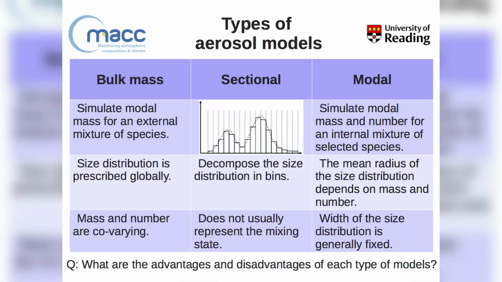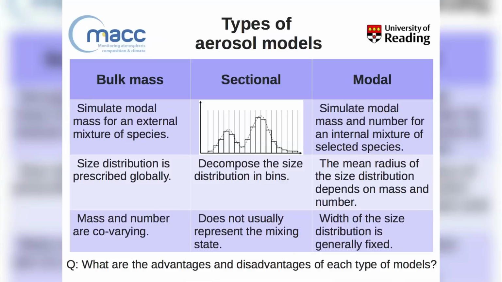This is very powerful to represent the size distribution, although it's a bit more difficult and costly to represent the state of mixture in those models, because then you would need as many bins as there are mixing states in a way.